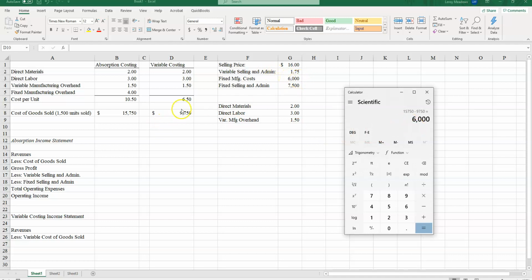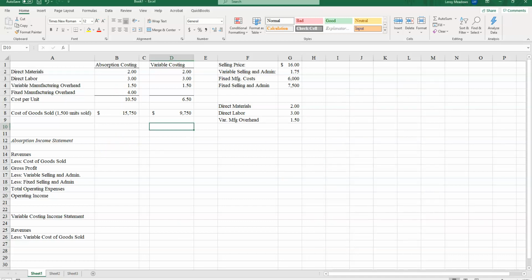Why? Because under variable costing, my fixed manufacturing costs are expensed in their entirety. Under absorption costing, I include those in the product cost. Those product costs will sit on the balance sheet until they're sold, and then they'll be expensed off as cost of goods sold.